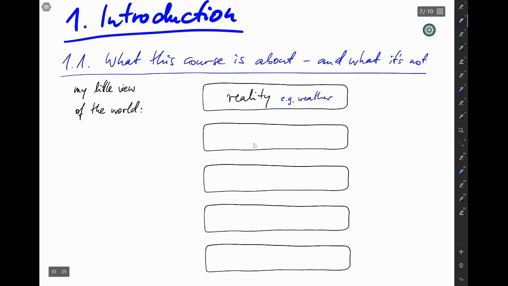We want to understand what the weather is going to be like tomorrow, the day after tomorrow, and so on. In order to understand this, clever people, physicists, have turned this real-world phenomenon, weather, into a physical model, or more than one. Physical models.